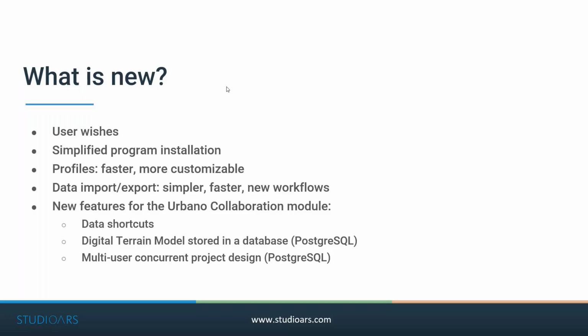So data shortcuts, this is something similar to Civil 3D. If you are using Autodesk Civil 3D, then you have some concept of what data shortcuts are, and also the possibility to store the digital terrain model in a database, which can be on the server. And this means you work just as usual, just as if you had the digital terrain model in your drawing, except you don't have it in the drawing.